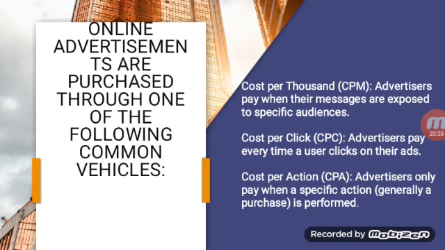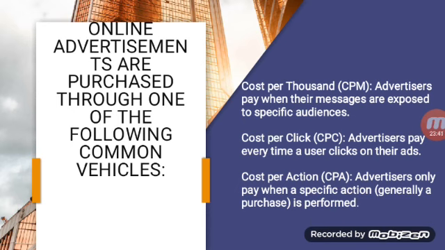Okay, the next online advertisement vehicle would be cost per click. Cost per click is where advertisers pay every time a user clicks on their ads. Let us look deeply into how exactly this works and how it differs from the first one, cost per thousand.